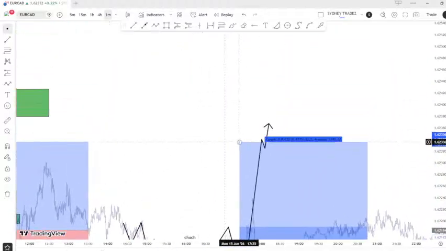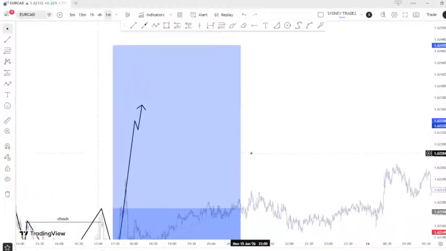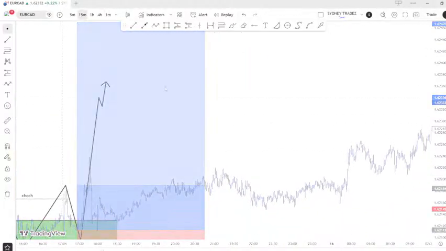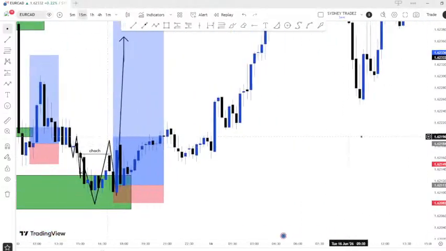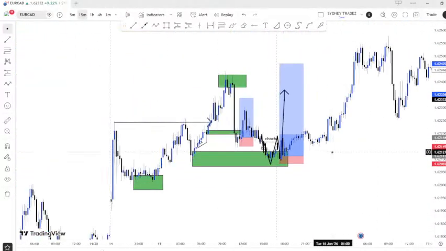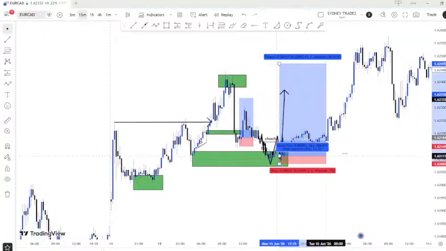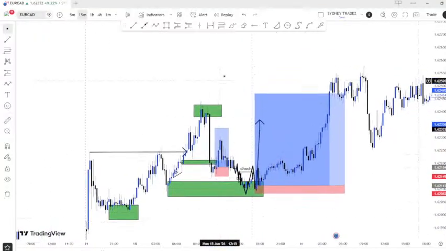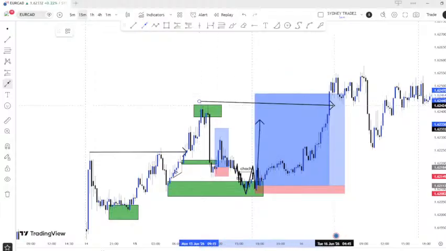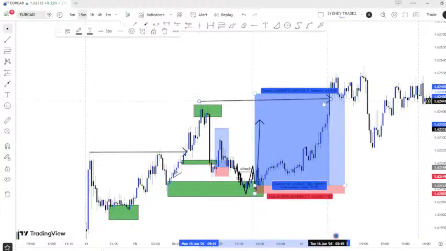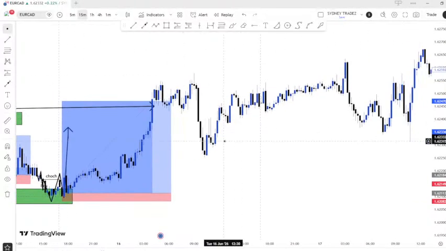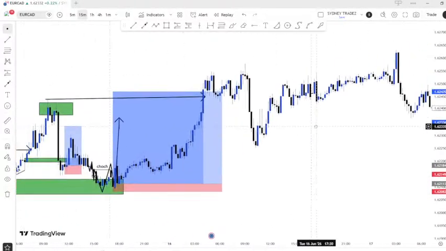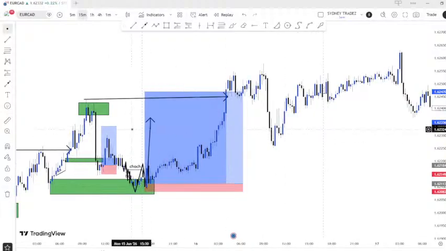I'm going to show you another example so that you don't feel insecure about this trading style, because this is the trading style that we use on a daily basis. As long as you have proper risk management, as long as you put in all the conditions required to take up a trade, you're fine to go.